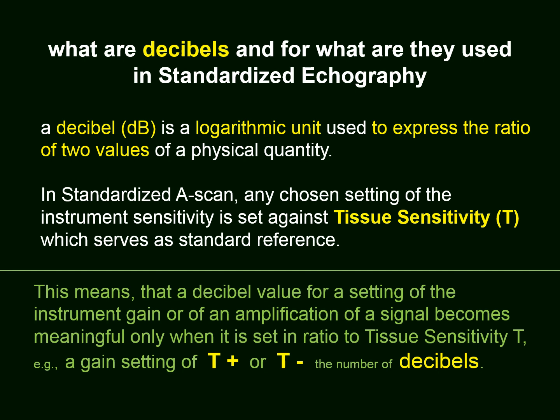This means that a decibel value for a setting of the instrument gain or a setting of the amplification of a signal becomes meaningful only when it is set in ratio to tissue sensitivity T. For instance, a gain setting of T plus decibels or T minus decibels.